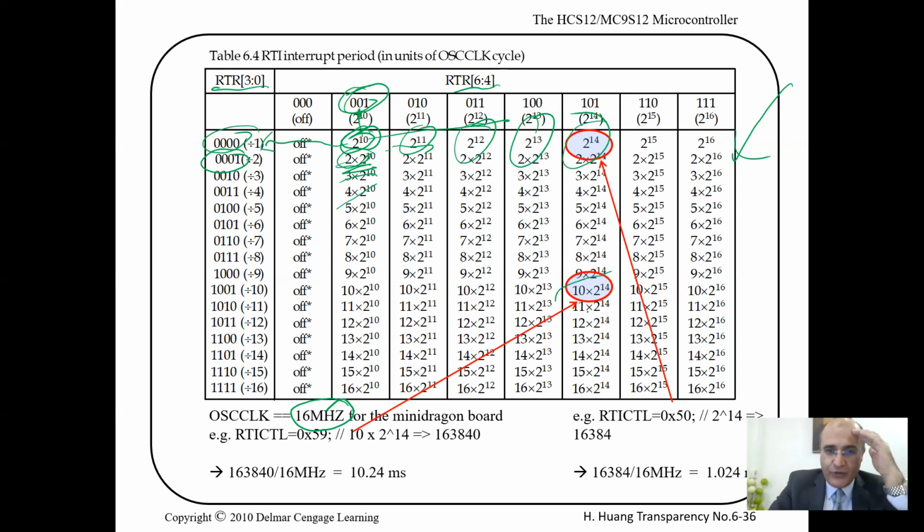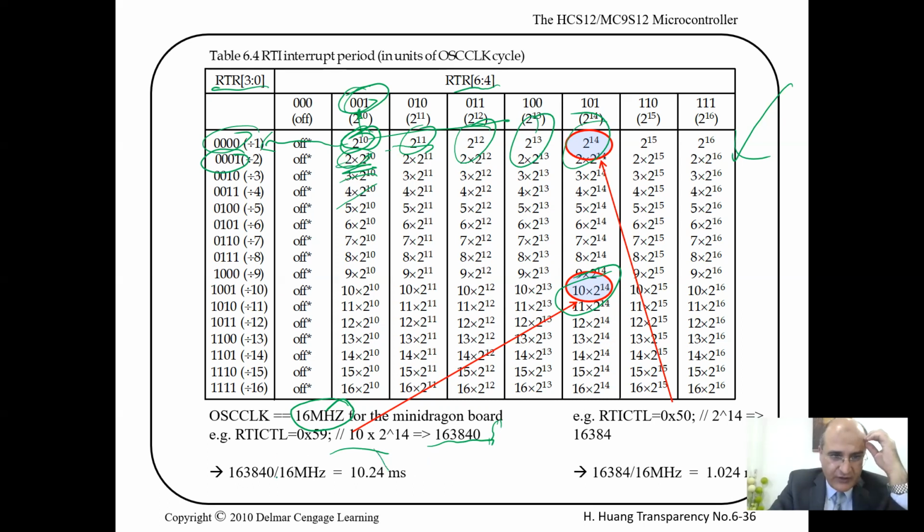Let's pick this value. What is this going to give us? 1 over 16 megahertz times 10 times 2 to the power 14. You'll get this number in seconds, I mean milliseconds.